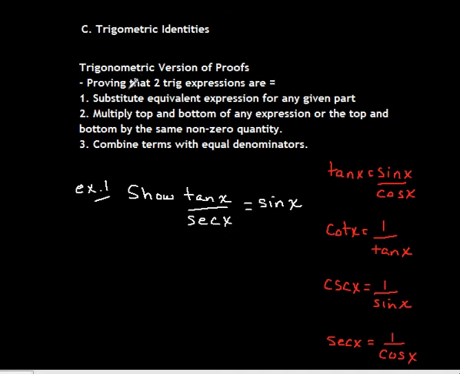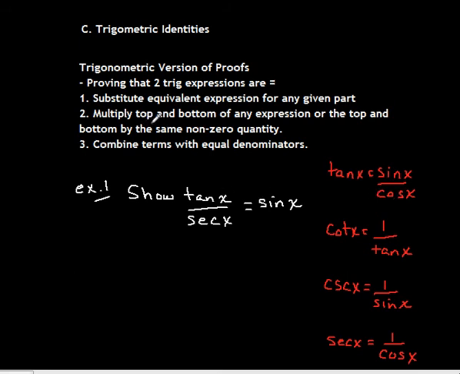So what we're going to do is prove that two trig expressions are equal. Like example 1, we're going to prove that tangent of x over secant of x equals sine of x. These are the rules of the game here. You can substitute equivalent expressions for any part. Like we know tangent is equal to sine of x over cosine of x, we can substitute it in.